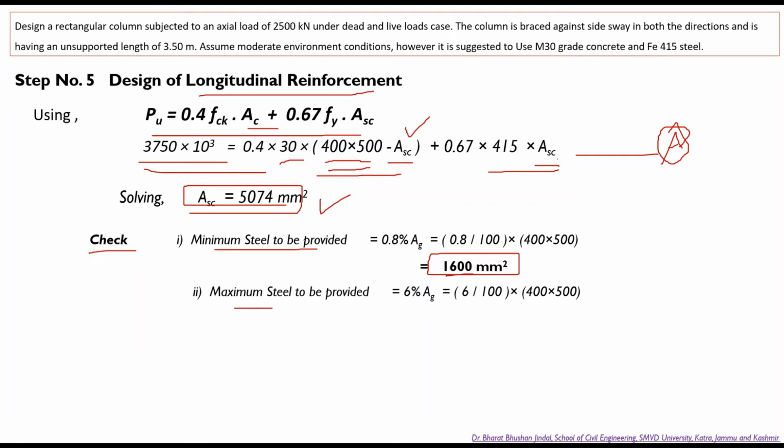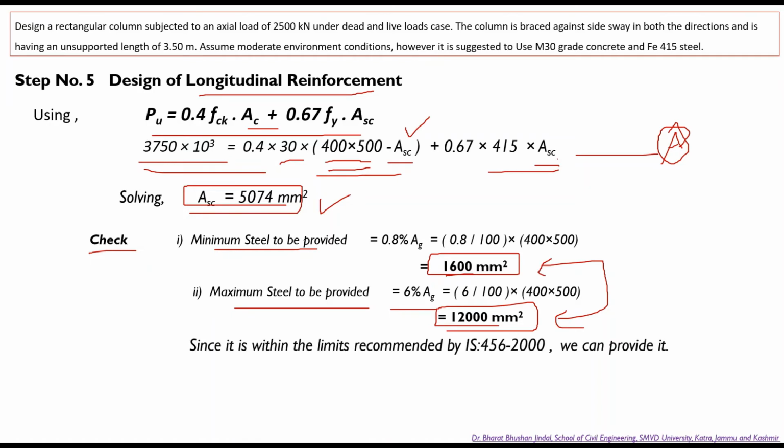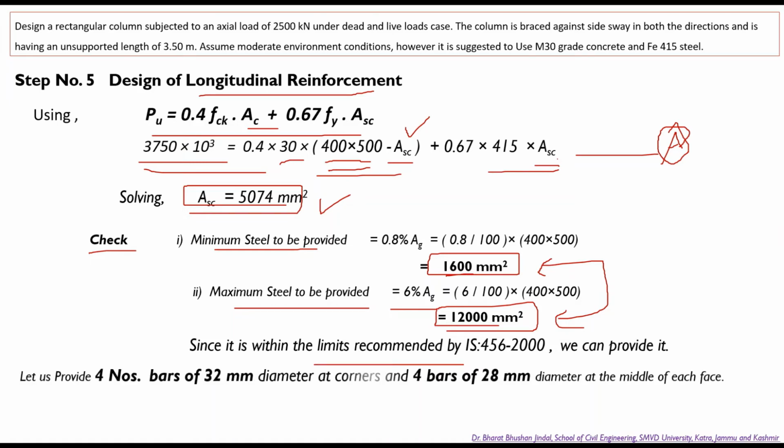Then the maximum steel which we can provide as per the restriction given by IS 456 is 6%, and the calculation of 6% comes out to be 12,000 millimeter square. Since the area of steel we have to provide is 5074, it is in between these two, so we can provide this much area because it obeys both conditions, and these are the limits as recommended.